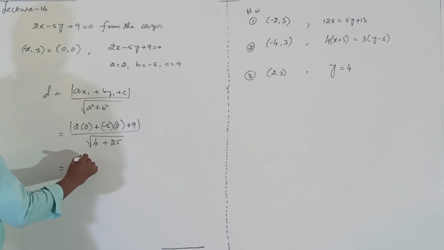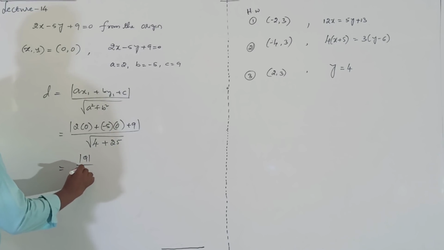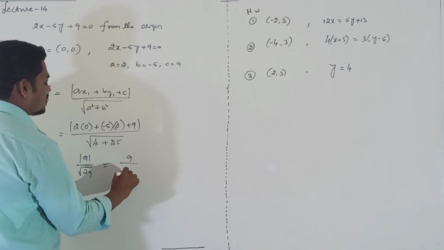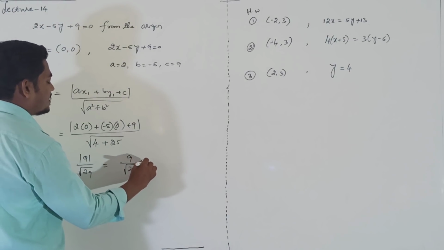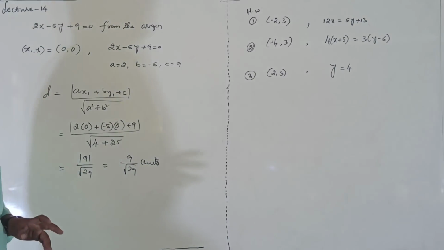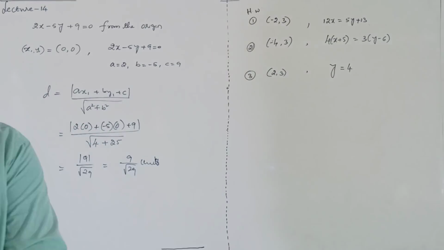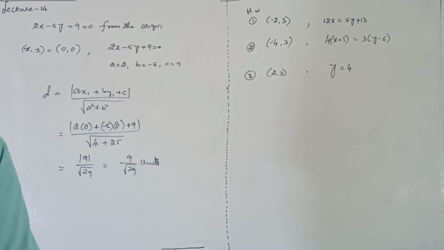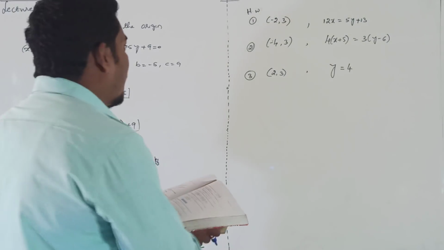That's equal to modulus of 9 divided by square root of 29, that's equal to 9 divided by square root of 29 units. This is the distance between line and origin. Next problem. Find the distance between parallel lines.